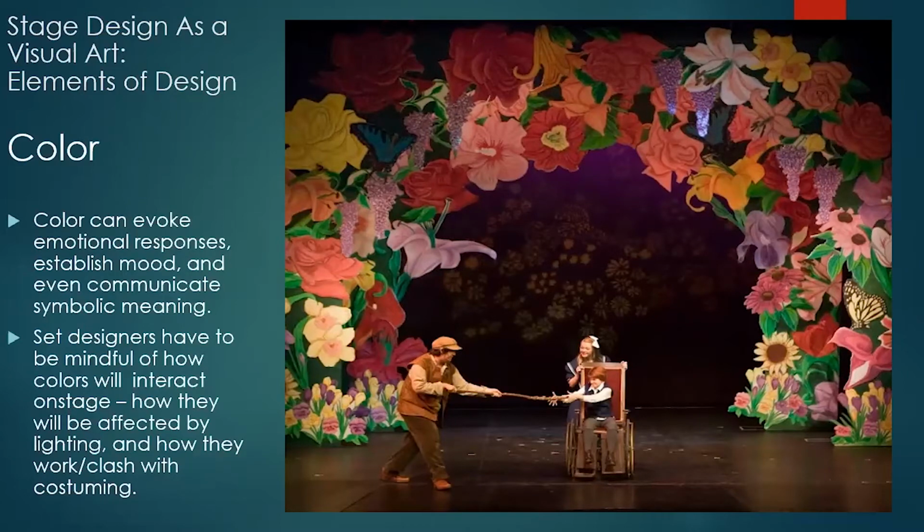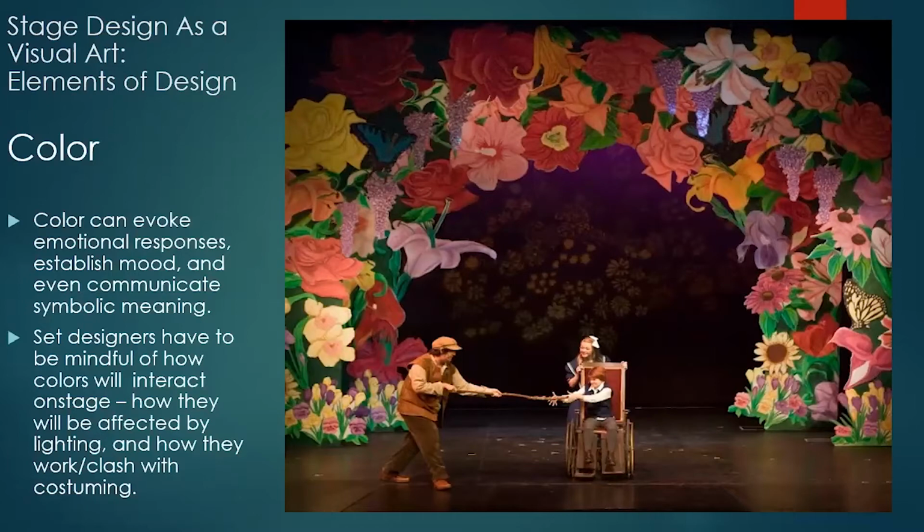Color is a great example of the elements too, in that it's an artistic concern as well as a technical concern, because color accomplishes things for us artistically. It establishes mood. It can carry a lot of symbolism, we know from studying art history, and that is also true for stage design, that certain colors just mean certain things.